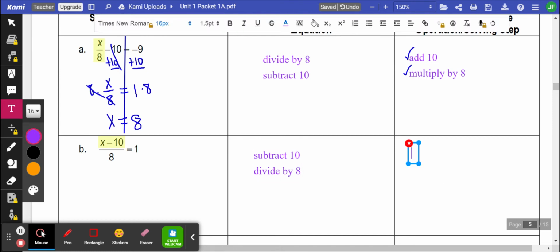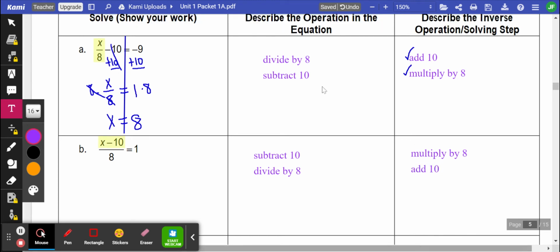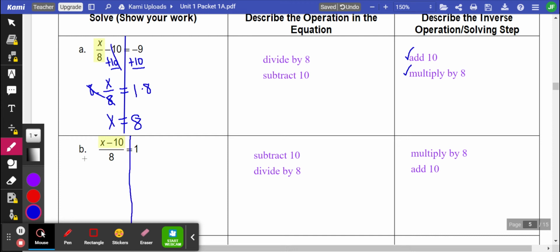To work our way backwards, we're going to get rid of the 8 first this time by multiplying, and then get rid of the 10 by adding. So let's go ahead and solve this. We are going to draw our line through the equal sign, and then show our work. We multiply by 8 on both sides, like we said in the first step.